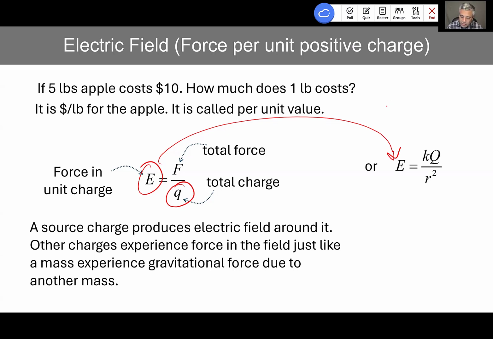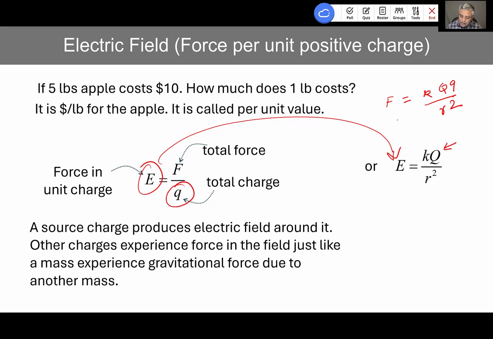How? We can use Coulomb's law equation for the force between two charges. Here, the two charges are, let's say, the big charge, the source charge, and the little charge, the test charge, just a notation, and then r squared.